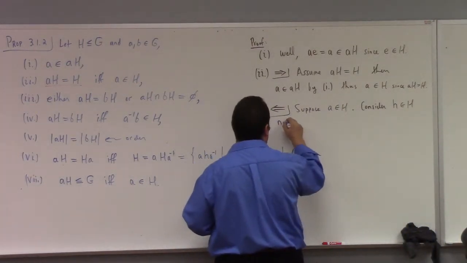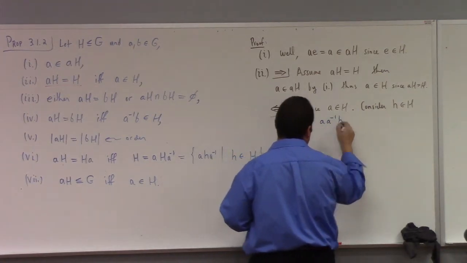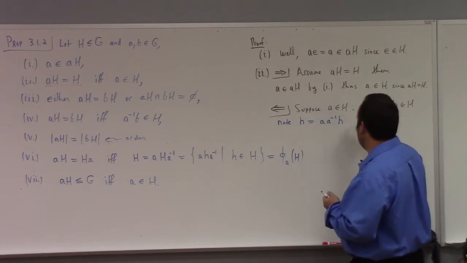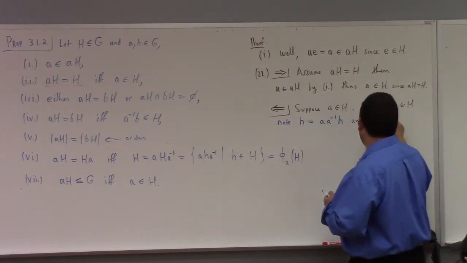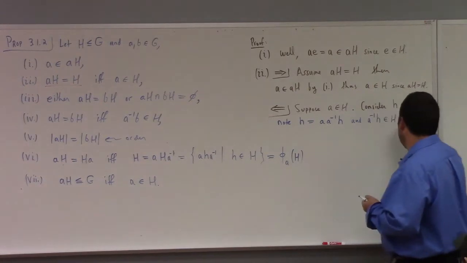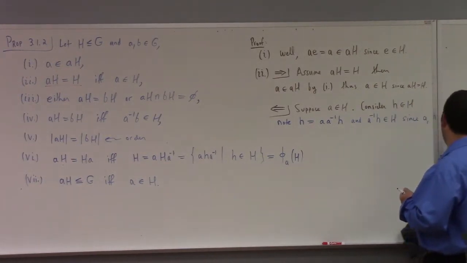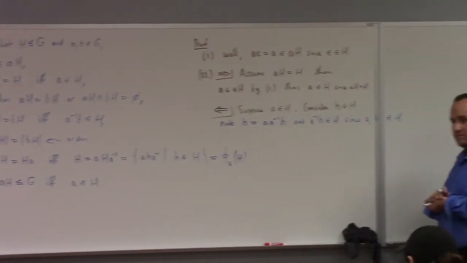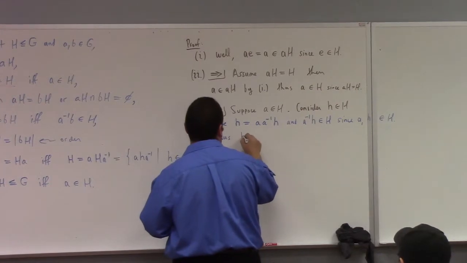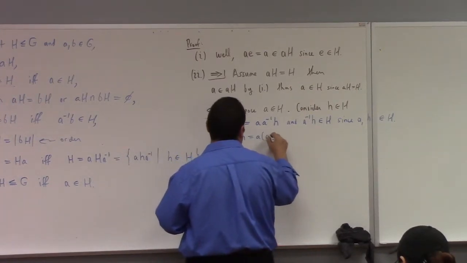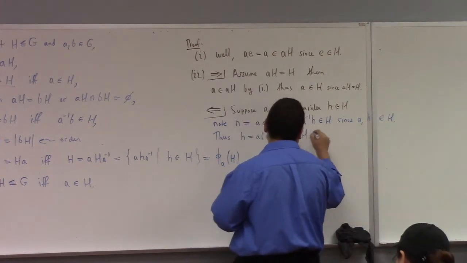Note, h is equal to a times a inverse h, and a inverse h is an element of H, since a and h are in H. Thus, h equals a times a inverse h, which is an element of aH.